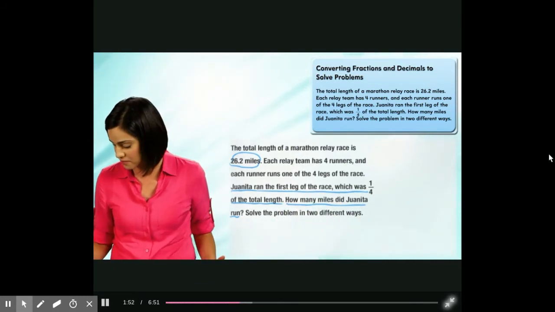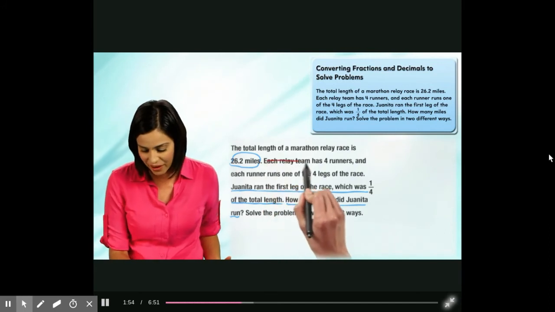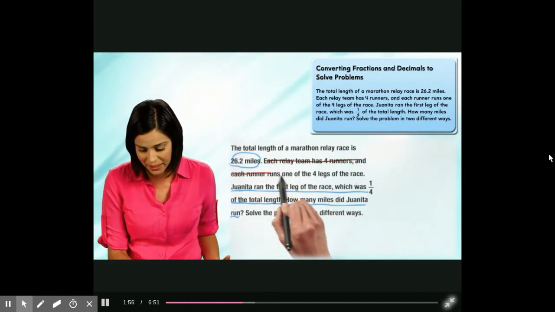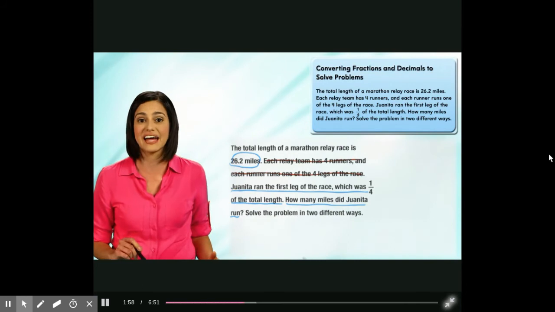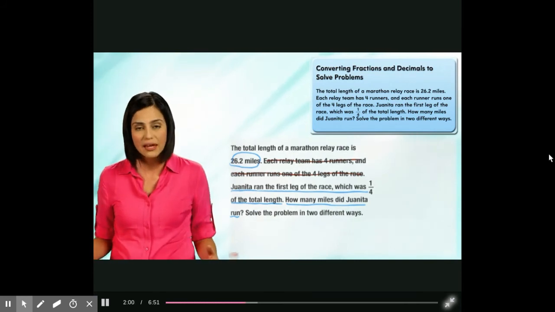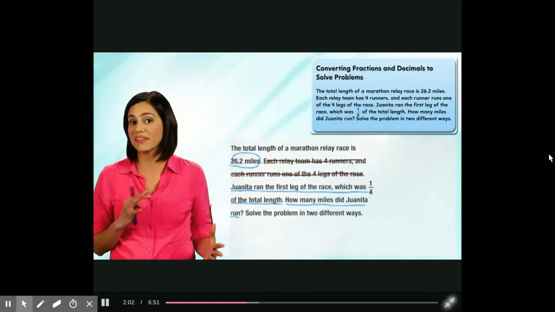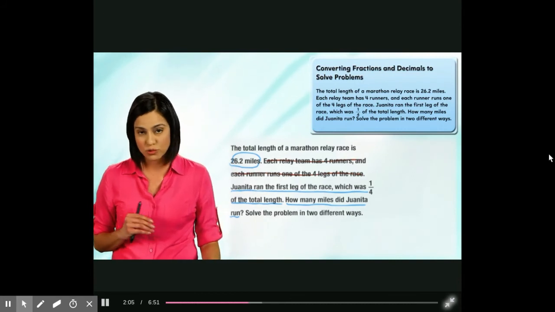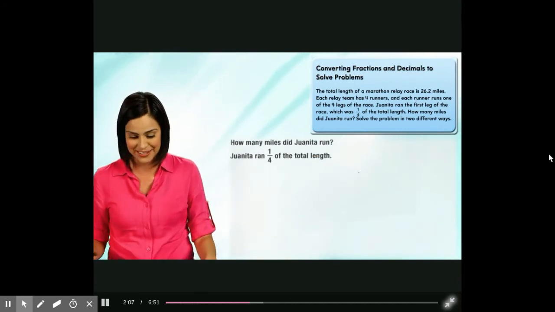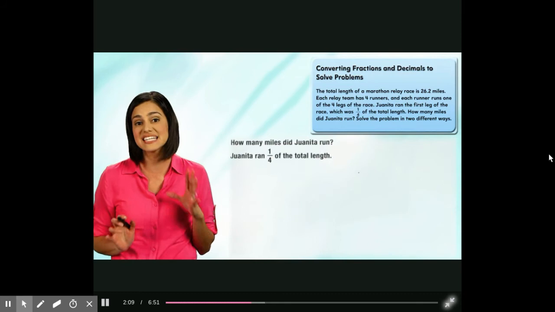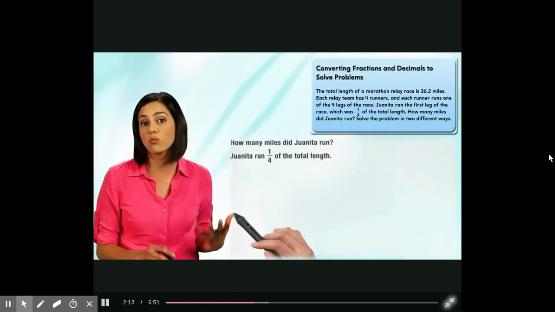Okay, we already said the question was how many miles did Juanita run? And Juanita ran 1/4 of the total length. Now the total length, if you recall, was 26 2/10 miles. And I'll place it right here to remind us that that's the total length. We're ready to set this up.